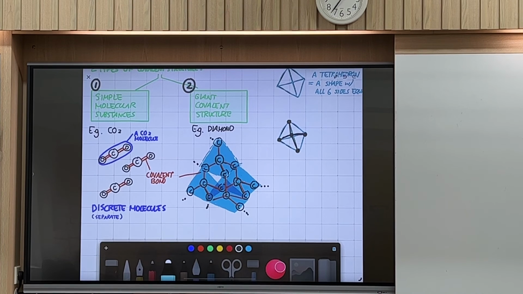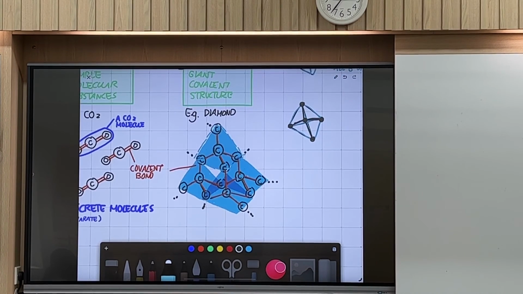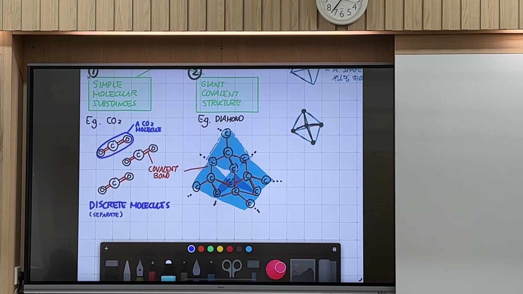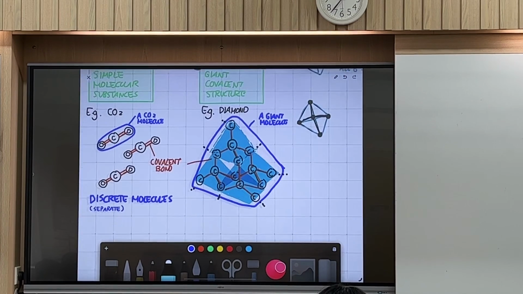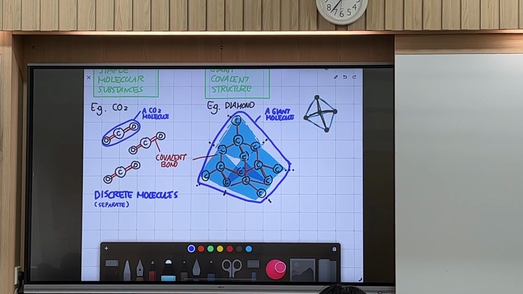When you look at a piece of diamond, there are billions of carbon atoms in a small speck of diamond. So this single large thing in here is a giant molecule. Therefore, we say giant covalent structures usually do not contain discrete molecules. They contain a single giant molecule.